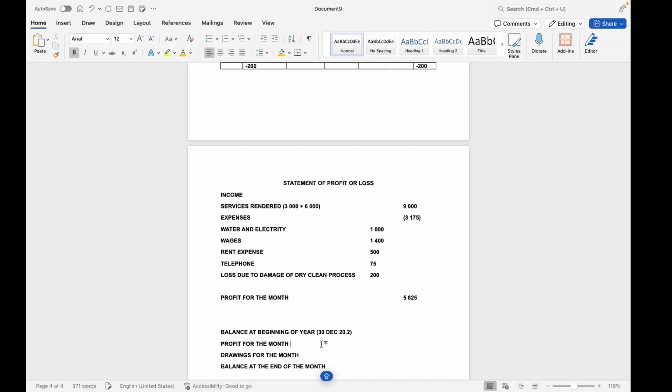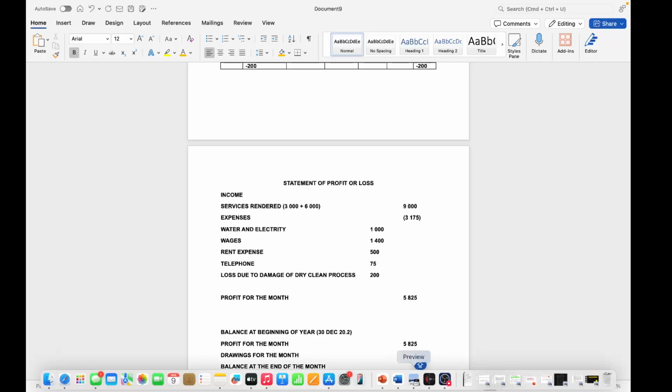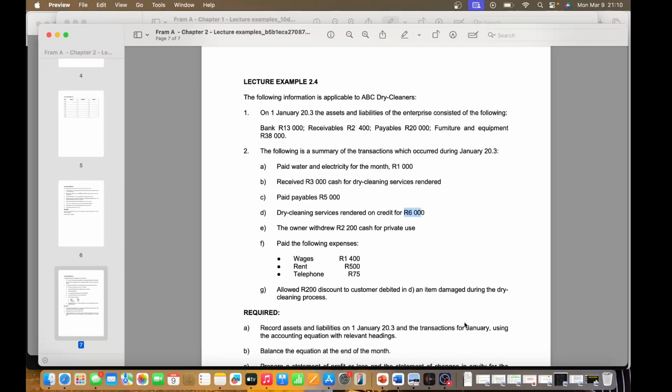Fine. Our profit for the month, we already calculated it, guys, to be 5,825. Our drawings for the year, we also calculated it to be 2,200. So now we just need our balance at the beginning of the year, and we need our balance at the end of the year. Are we given anything for balance at the beginning of the year? Let's have a look.